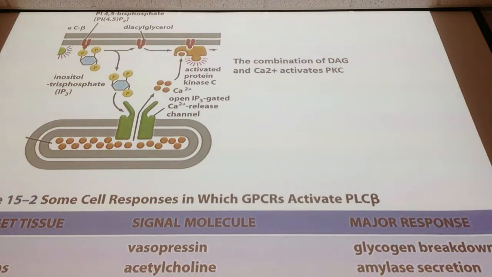In this particular PLC pathway, different signaling molecules would activate different receptors in different cell types, and different receptors would activate different G proteins, which then activate the same PLC to carry out different functions. It's because of the pattern of gene expression, cell specificity, and enzyme specificity.